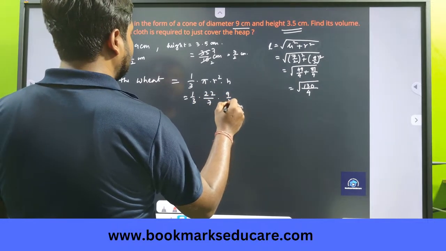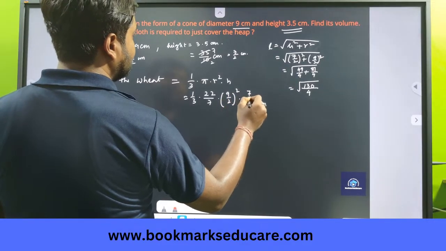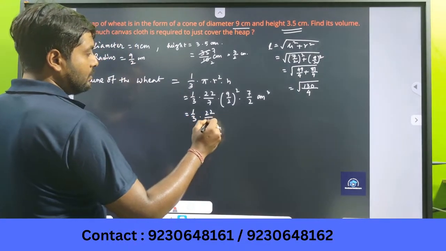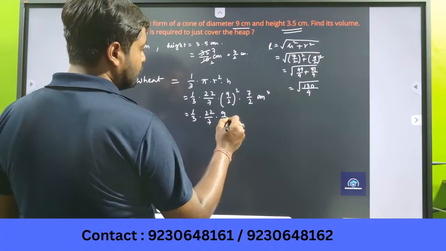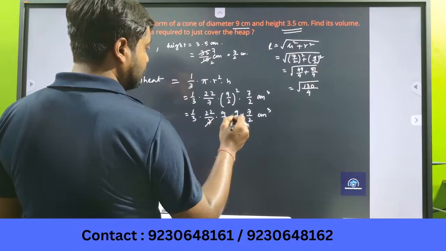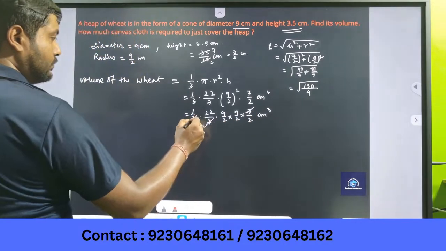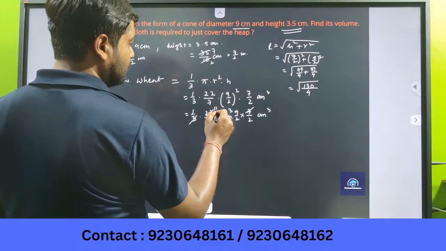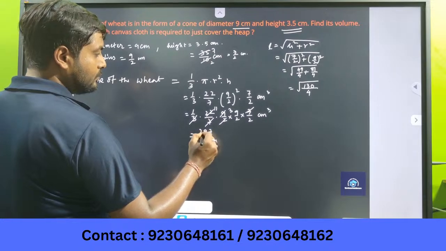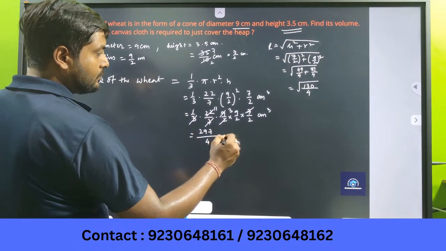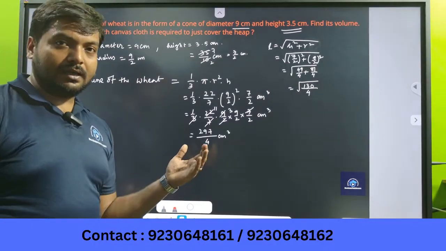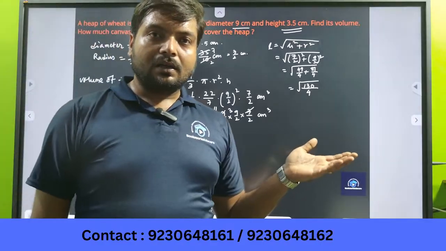R is 9 by 2 and h is 7 by 2 centimeter cube. This is the volume of wheat, and you may convert it in decimal and you will find the answer.